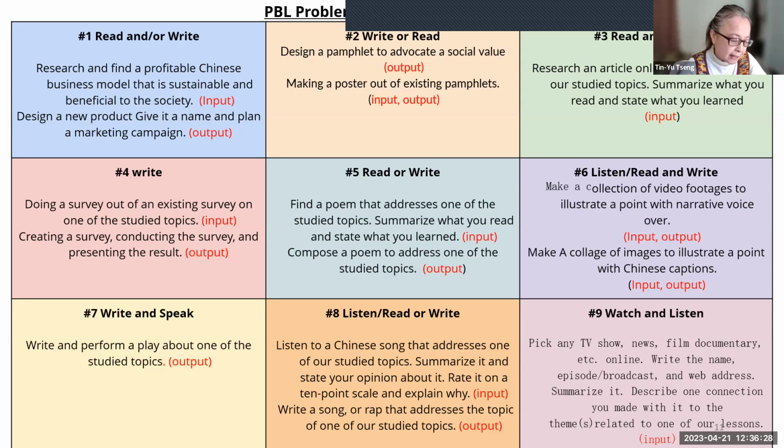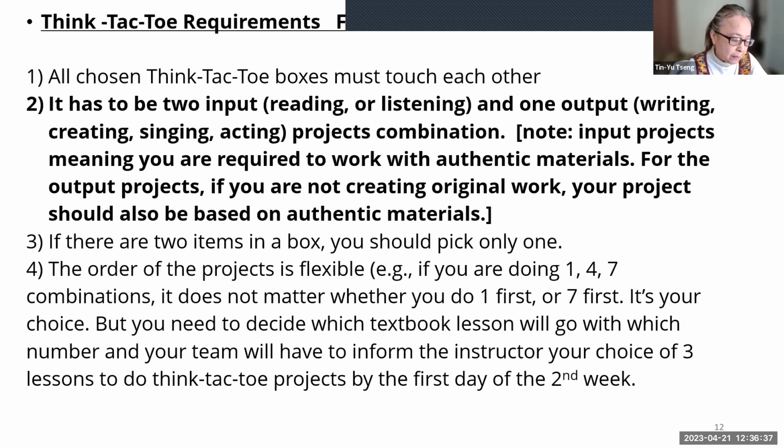Let's first take a look at the think-tactile task requirements, and then we will come back to the content later. So the requirements for fall 2022: first, all chosen think-tactile boxes must touch each other. Number two, it has to be a 2 input and 1 output project combination. Input project, meaning you are required to work with authentic materials.